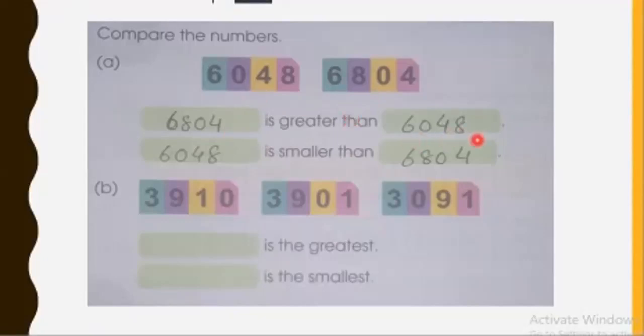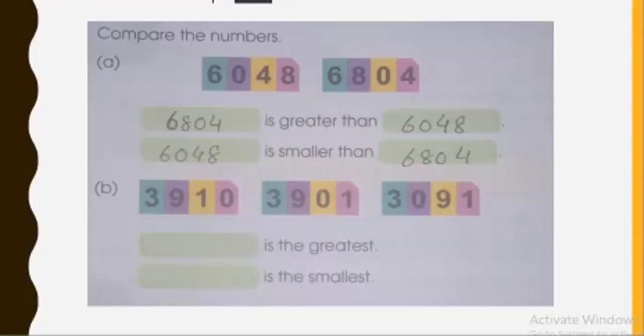6048 is the smaller number. Next, they change the middle sentence. First they were asking you to write down the greater number at the first place, and now they're asking you that dash is smaller than dash. So now you're going to change the value of the number over here. Now the smaller value will come at the first place. 6048 is smaller than 6804.